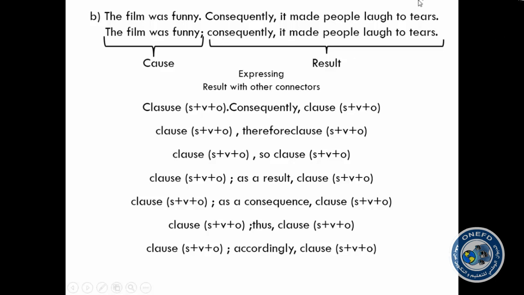We can express result as well by using other connectors. Again, we have consequently, therefore, so, as a result, as a consequence, thus, and accordingly. Please pay careful attention to the punctuation of these connectors.